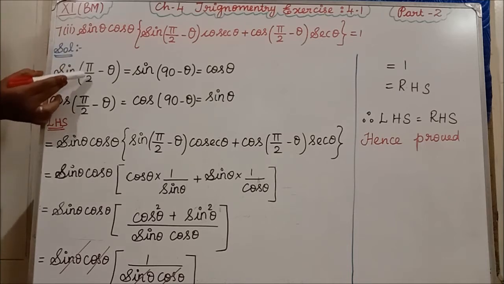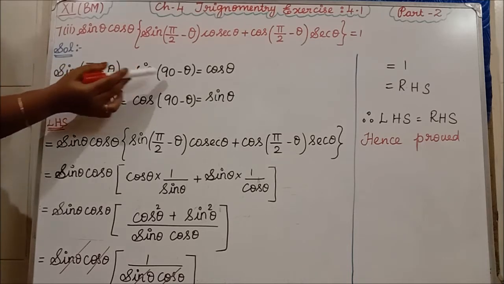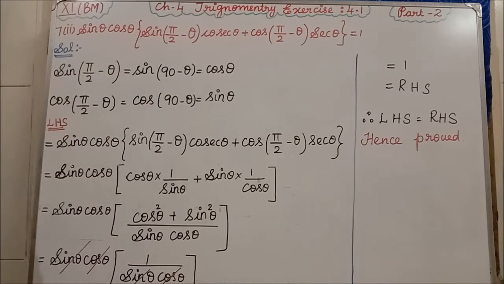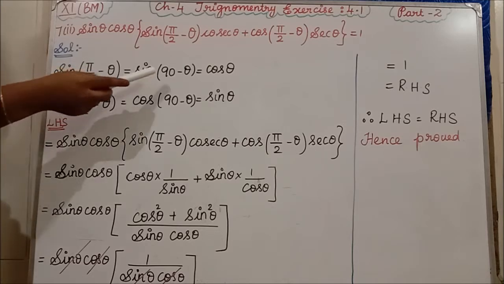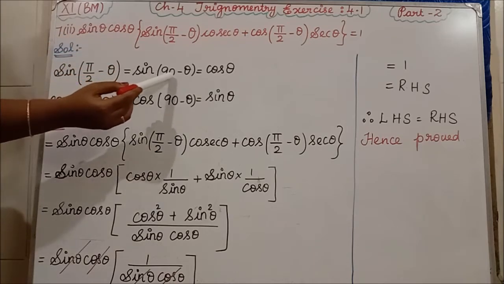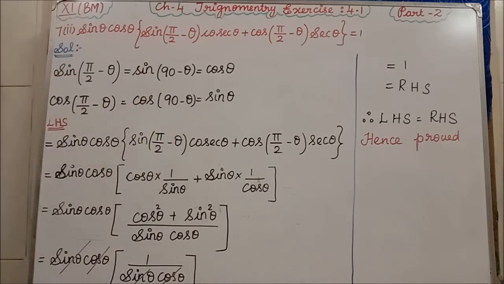So 180 degrees divided by 2 means 90 degrees minus theta. I told you, if you are using 90, the trigonometric ratio will be changed. So sin is changing into cos. Okay, clear all of you? Cos theta.